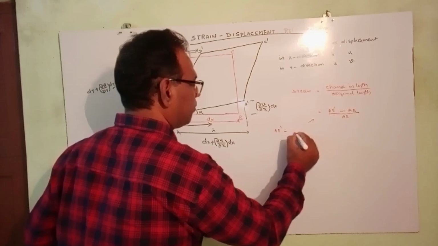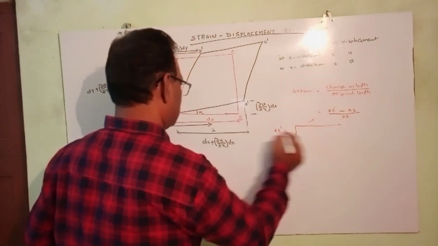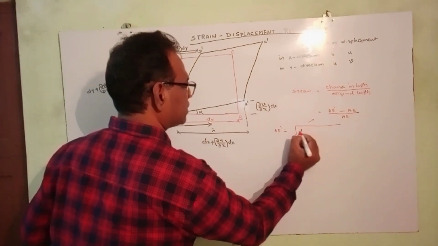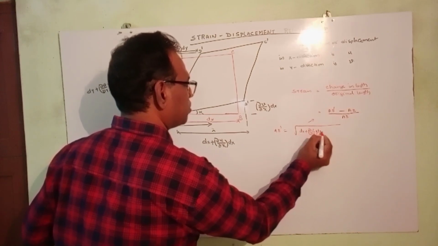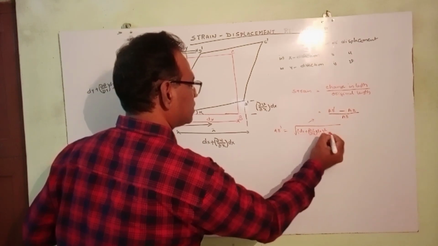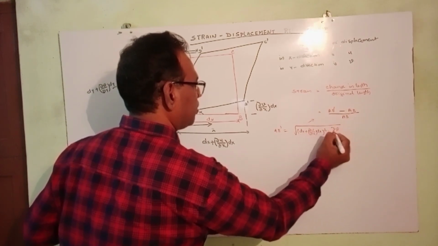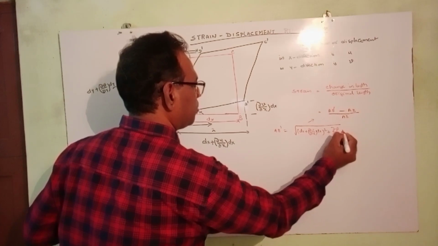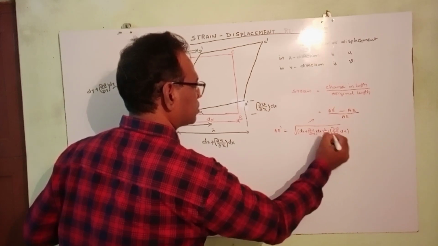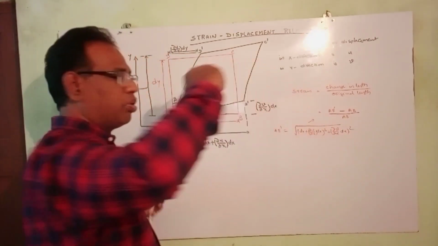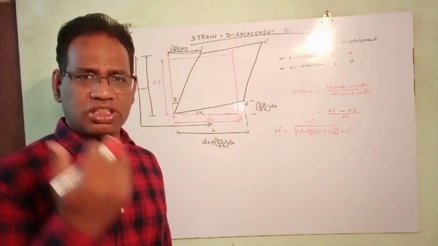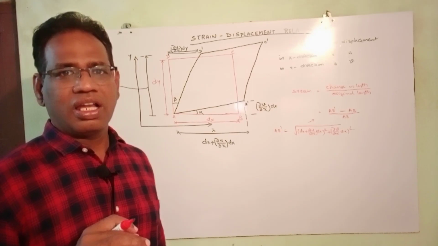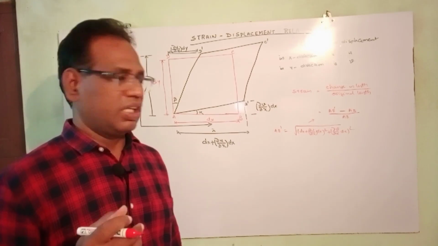A dash B dash I can calculate as the square root of (dx plus ∂u/∂x into dx) whole square plus (∂v/∂x into dx) whole square. Because ∂u/∂x is a very small quantity, its square is again a minute quantity.